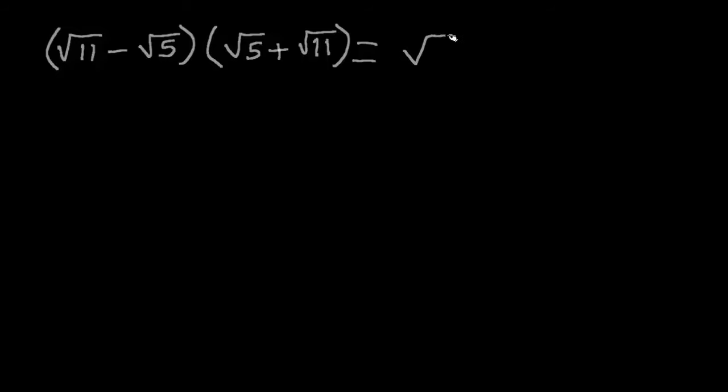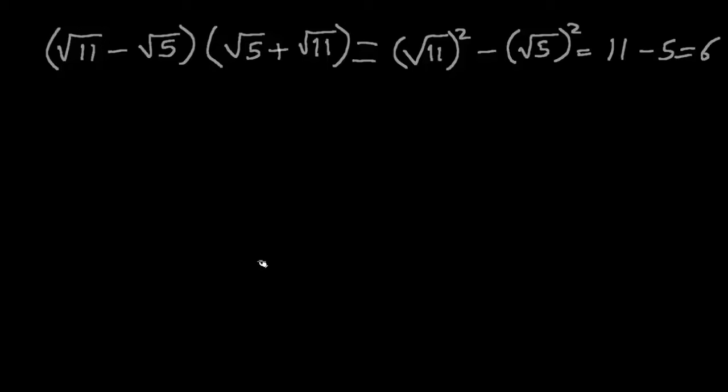So it will be under root of 11 square minus under root of 5 square, which is equal to 11 minus 5. We get 6. Let us take another example.